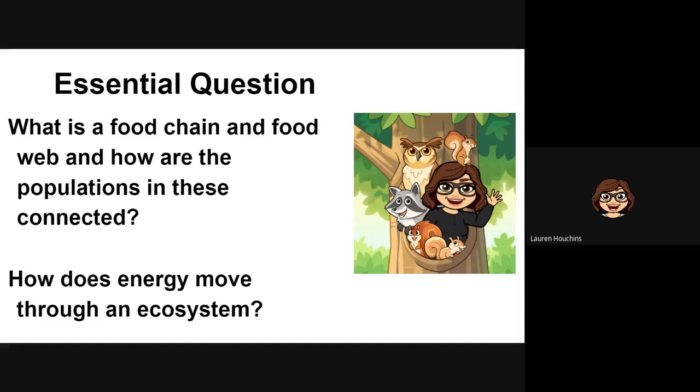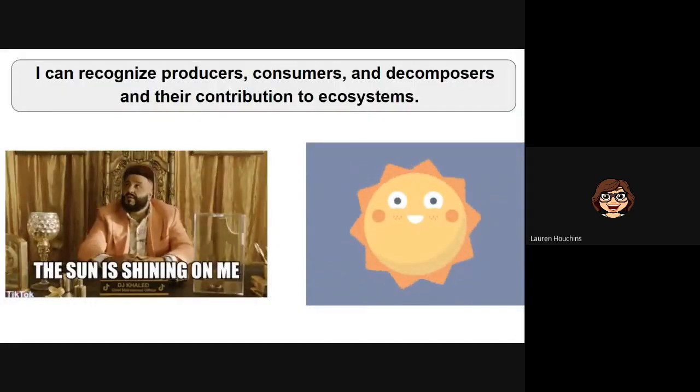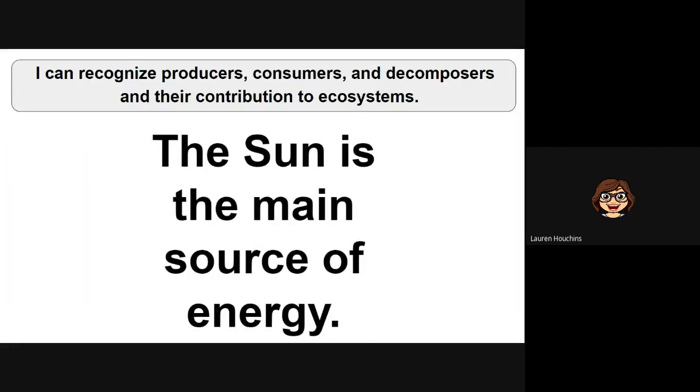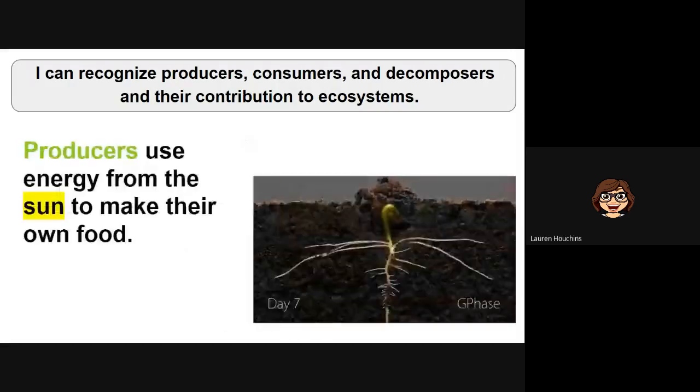So if we remember from yesterday, just as a review, we know that the sun is the main source of energy for everything. Everything on Earth is powered by the sun. So if you remember, we talked about an energy pyramid yesterday, and we know that producers are down on the very bottom.